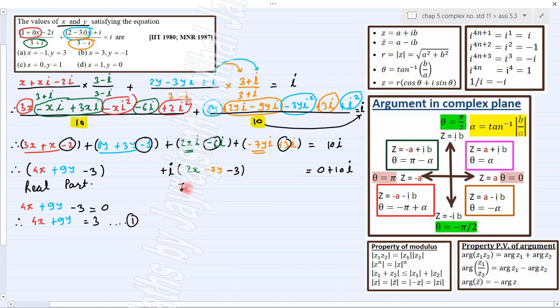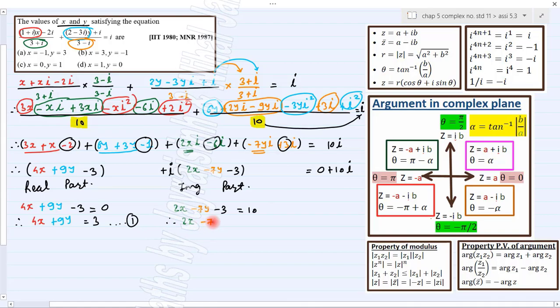Now, if we compare the imaginary part on both sides, on the left hand side we have 2x minus 7y minus 3, and on the right hand side we have 10. So here we'll get 2x minus 7y is equal to 13. Let's call it equation number 2.